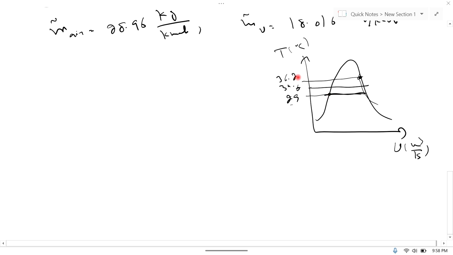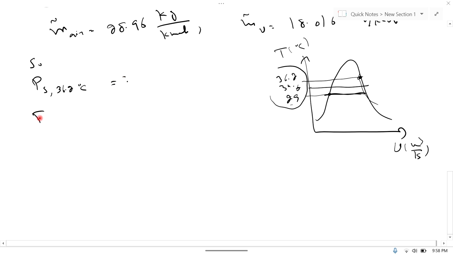It means that we are finding saturated pressure at 36.2, 34.6 and 29 degrees centigrade. First we find PS, the saturated pressure at 36.2 degrees centigrade.